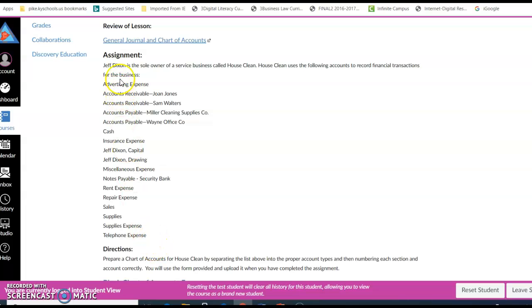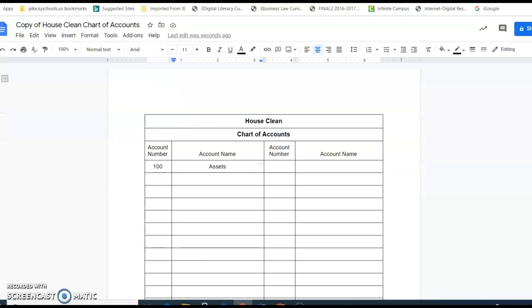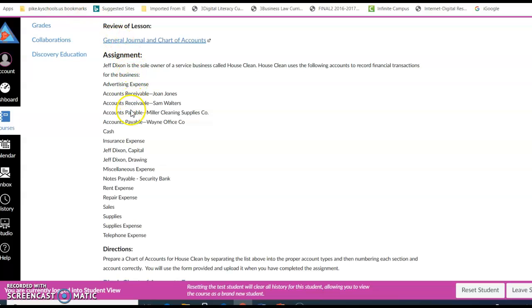Now, of course, you know the first one is always going to be cash, so if you wanted to say 110, or you could even do it by fives if you wanted to, then that one's going to be cash.